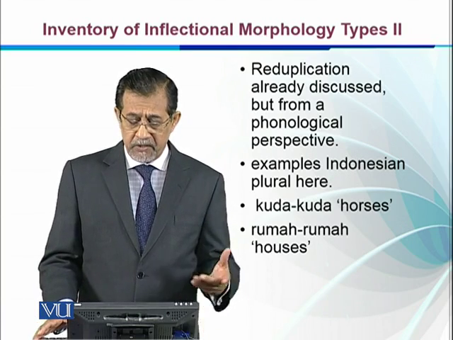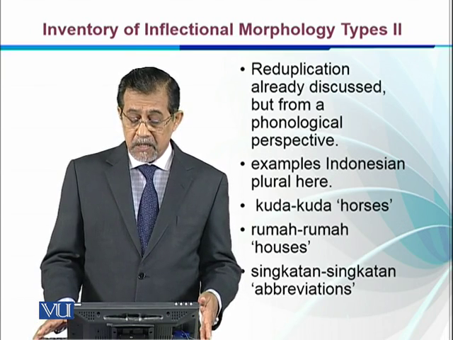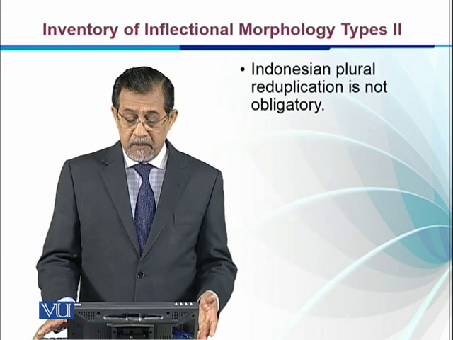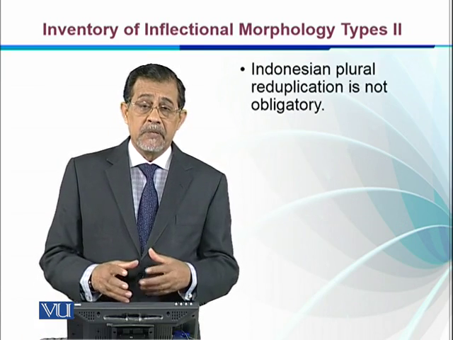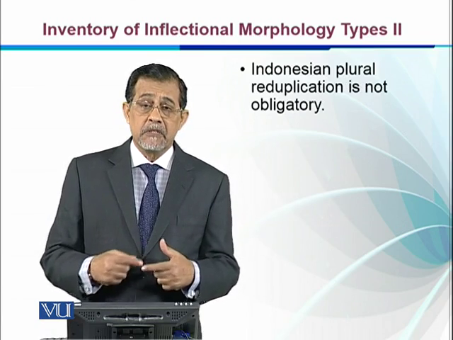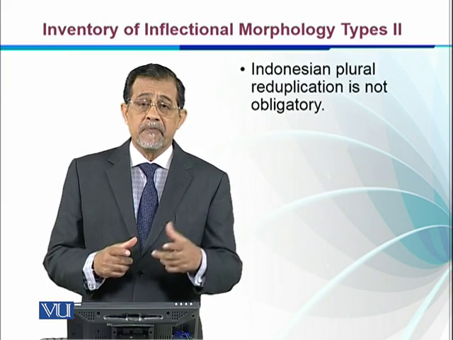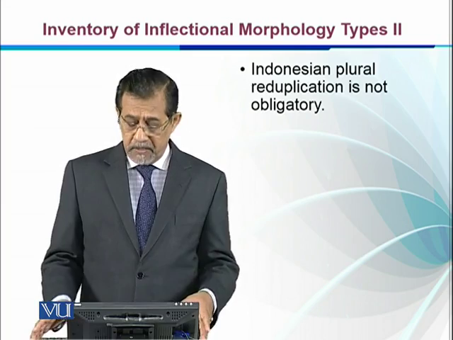So we can find the same with rumah, houses, and so on. One thing is there, as we have seen, that the lexeme is repeated to give a plural meaning. This plural meaning, given by repetition, is not obligatory, right?